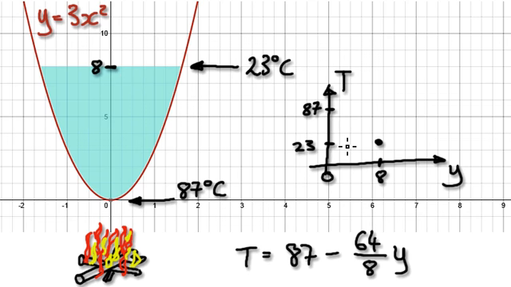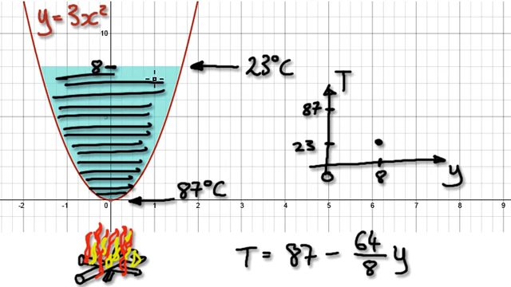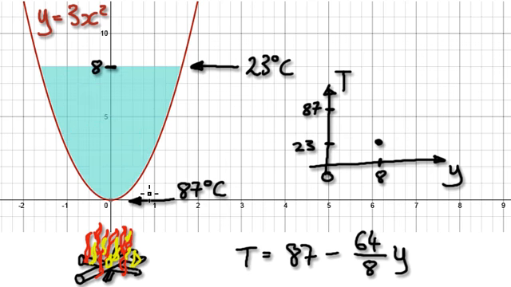So if you plot a graph of y and temperature, remember we're summing up along y, so we are moving along in the y direction here. So we need to come up with the equation for this line. When y is 0, the temperature down here should be at 87.